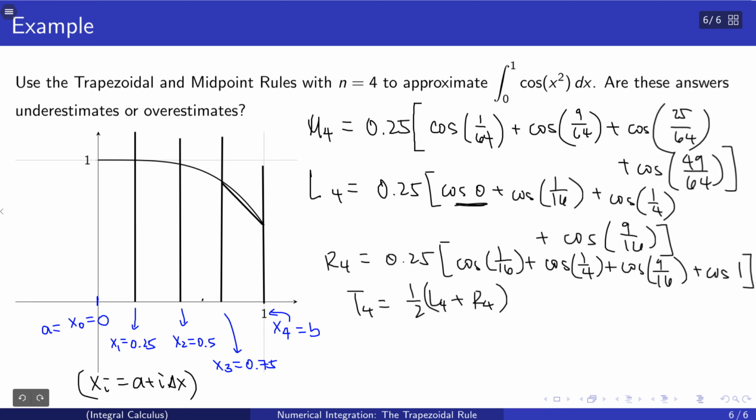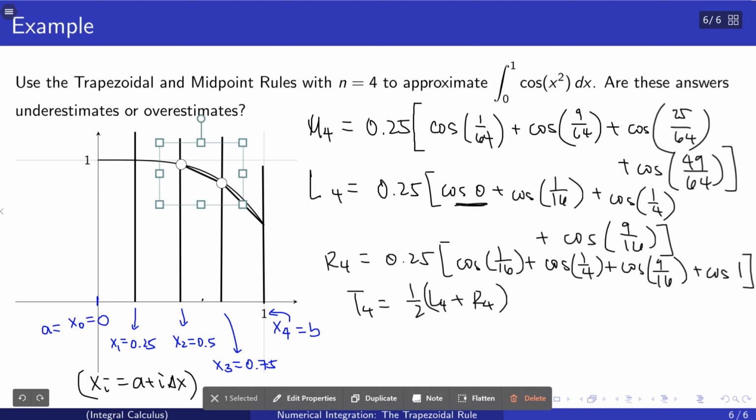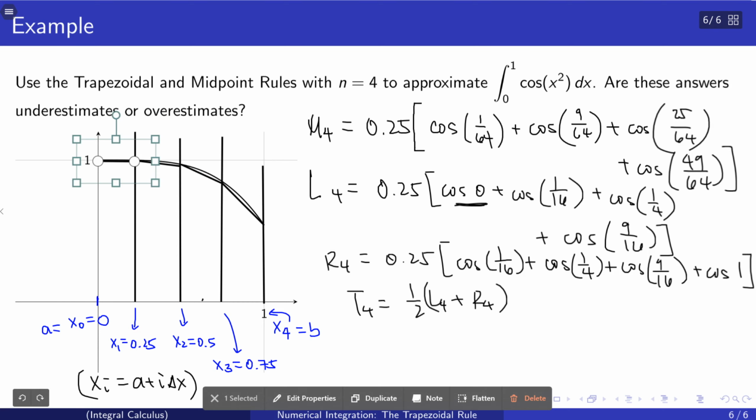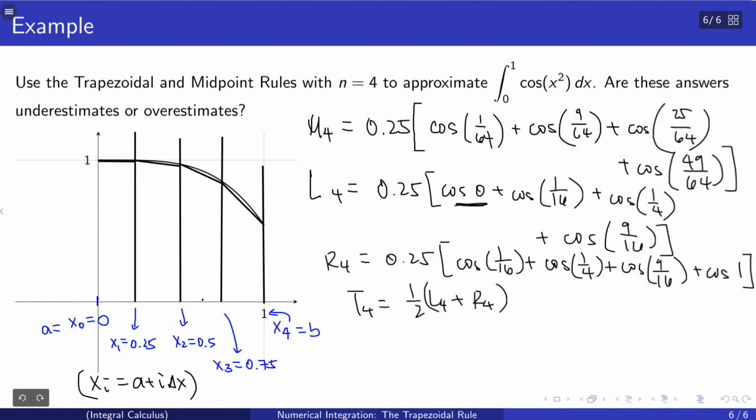Because when you connect the corresponding endpoints in each interval, you're always going to get a segment that lies below the curve of cosine x squared. Right? So these segments are below the curve.